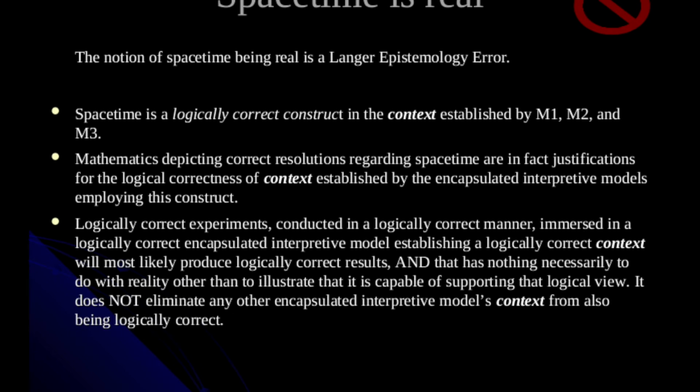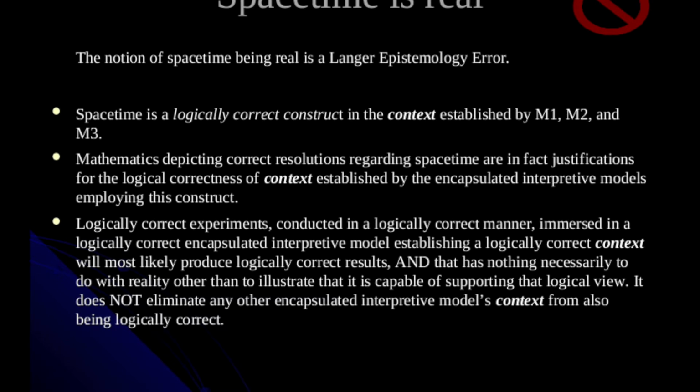The notion that space-time is real is a Langer epistemology error. I don't know a nicer way to say that. Space-time is a logically correct construct in the context established by M1, M2, and M3.